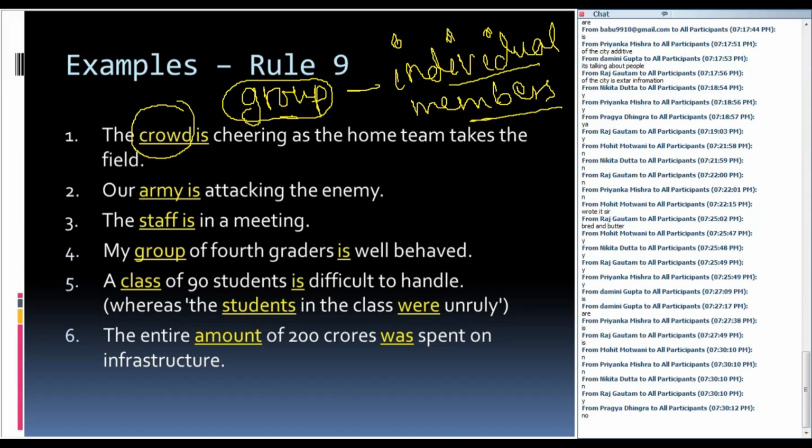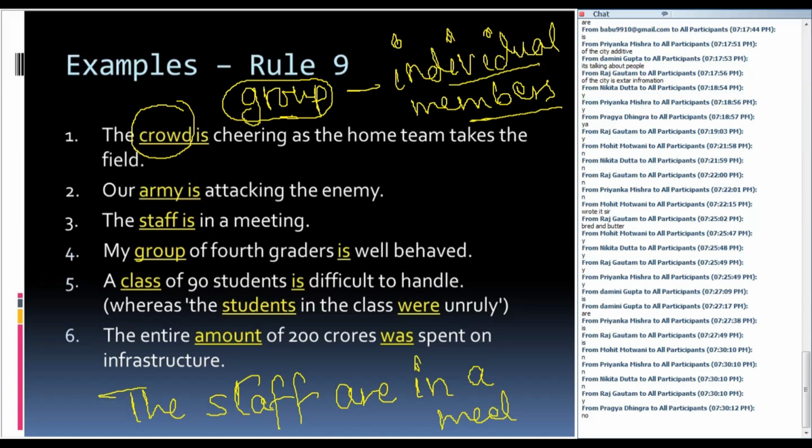So if you say the staff are in a meeting, then the meaning changes. Then you're not talking about the group. You're talking about the individual members of the staff. You're not talking about the group staff, but you're talking about individual members.